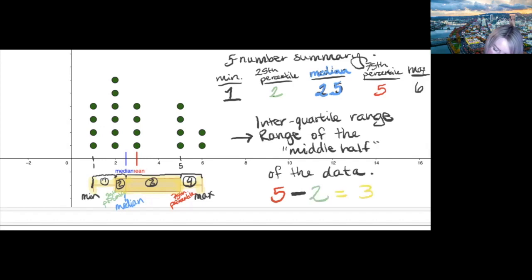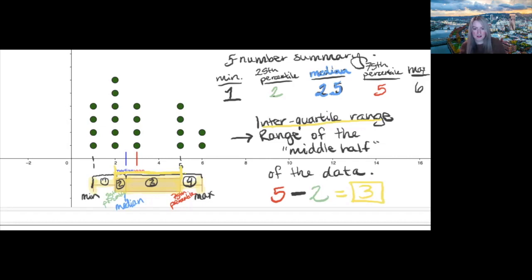So the interquartile range is 3, and that's just the range of the 25th percentile to the 75th percentile, that middle half of the data. It's just telling me how spread out the middle half of the data is. It ranges 3. We know it goes from 2 to 5, and that's a distance of 3.